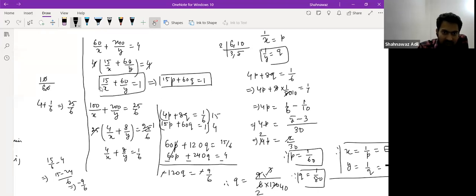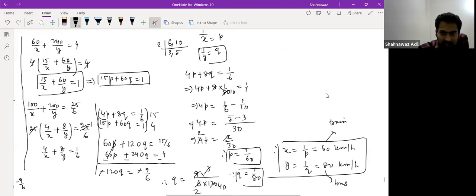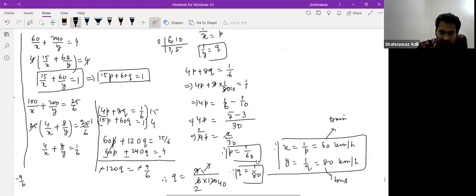See this equation, right? So 15 by X, we wrote 15P, right? 1 by X we wrote P, and 1 by Y we wrote Q, right? And then in the end, we solved P and Q, right? So P we calculated to be 1 by 60, which is equal to 1 by X, right?